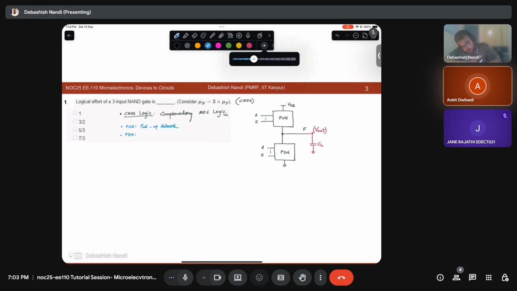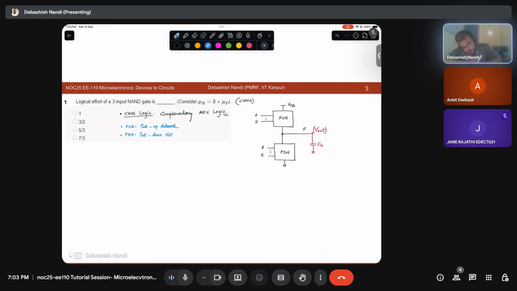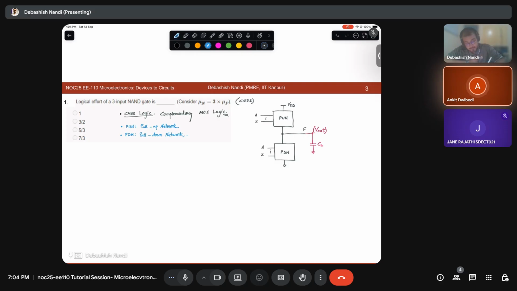Why is it called the pull-up network? Because if this network is active, my output is connected to VDD. What do you mean by pulling up? Pulling up means increasing the voltage level, the output voltage.